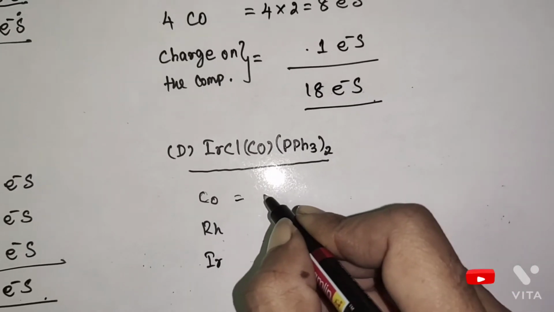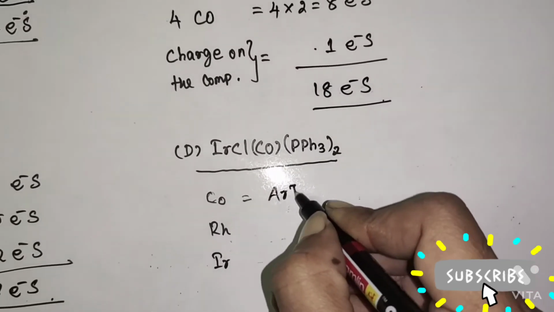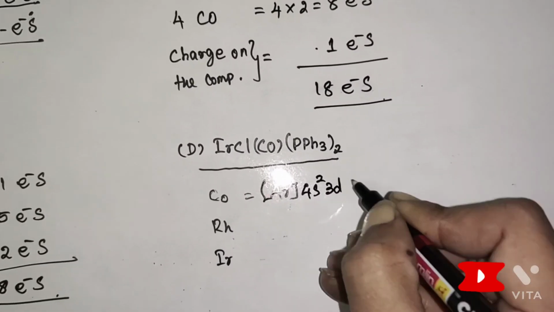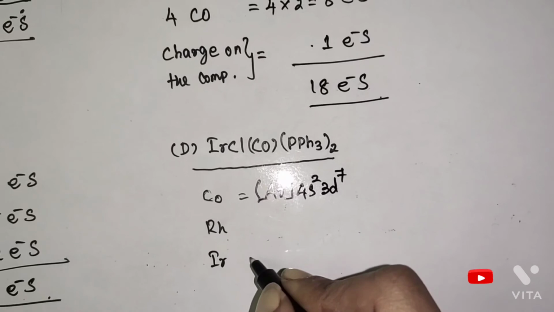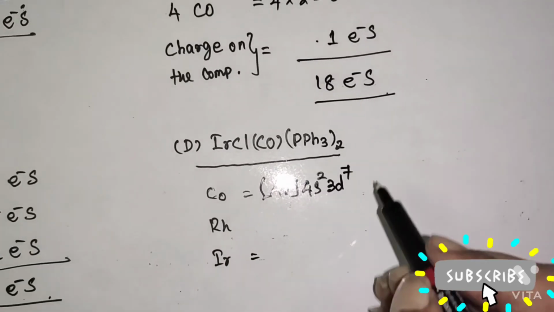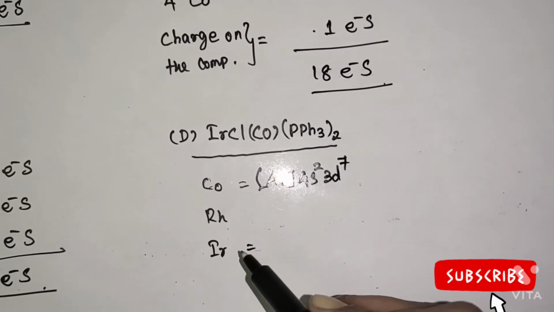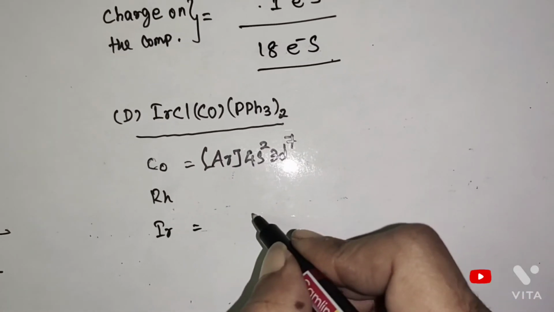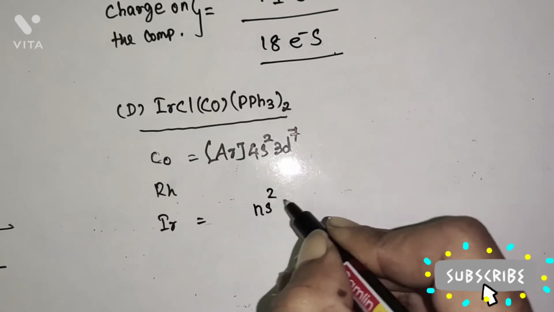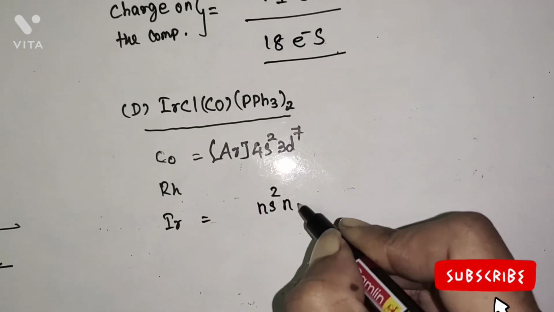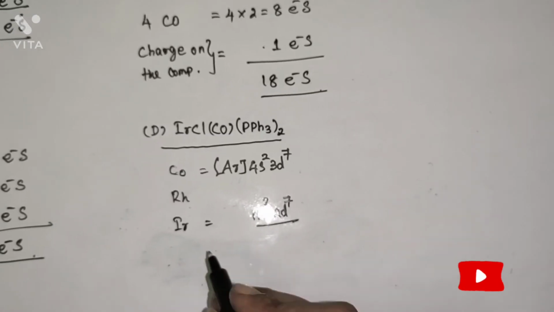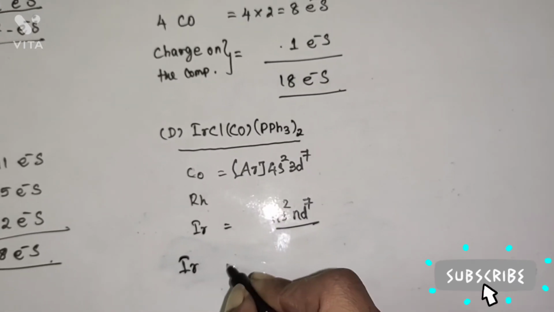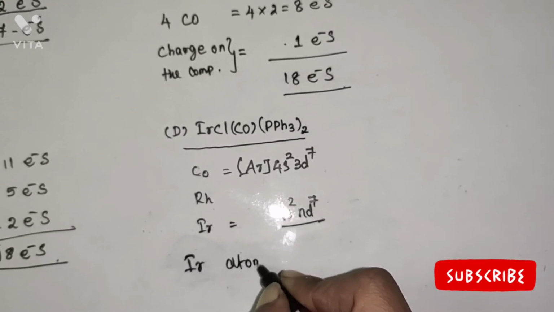The electronic configuration of cobalt is argon 4s2 3d7, so for iridium it is ns2 nd7. Therefore, the iridium atom has 9 electrons.